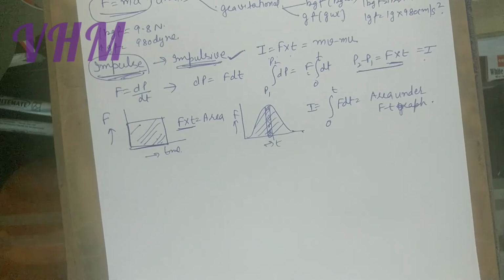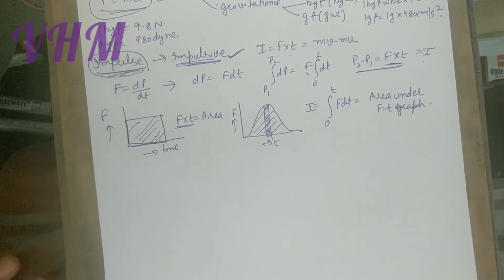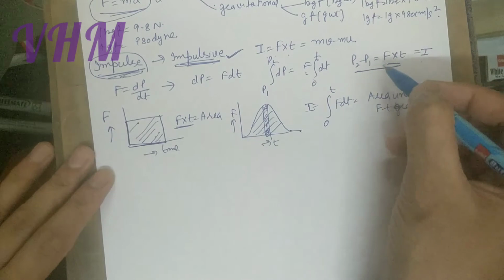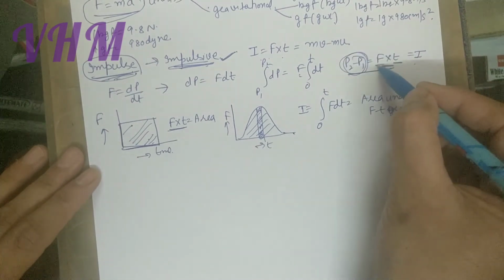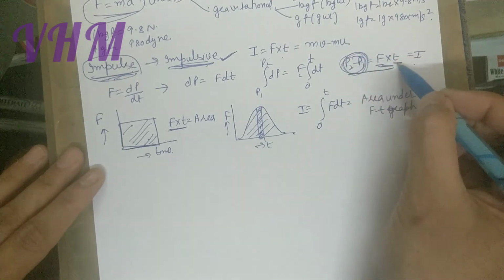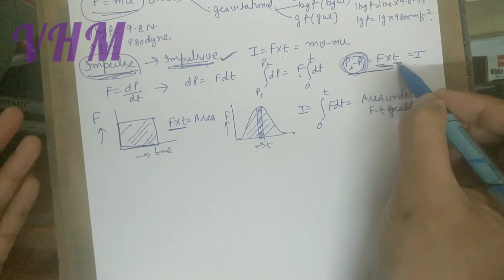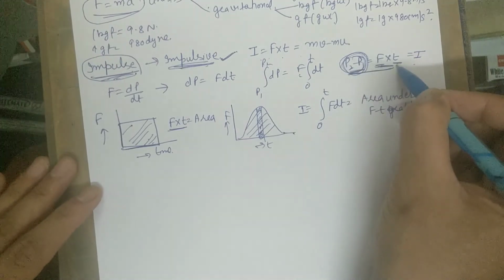And we have so many examples for the impulse, like why the bowler lowers his hand to catch the ball. Because if this change in momentum takes a large time, then the effect of force is small. But if this change in momentum takes a small time, there is a very large force which gives this change in a very short time.